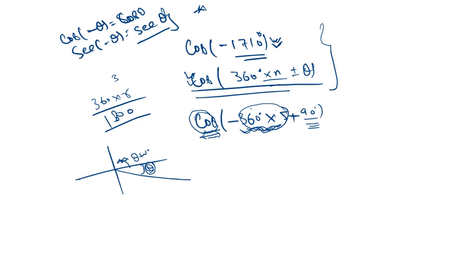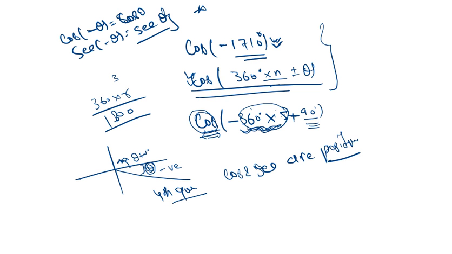Negative means fourth quadrant, and already I have told you that in the fourth quadrant only cos and sec are positive. Other ratios will remain negative, correct? So cos of minus theta will remain cos theta and sec of minus theta will remain sec theta.